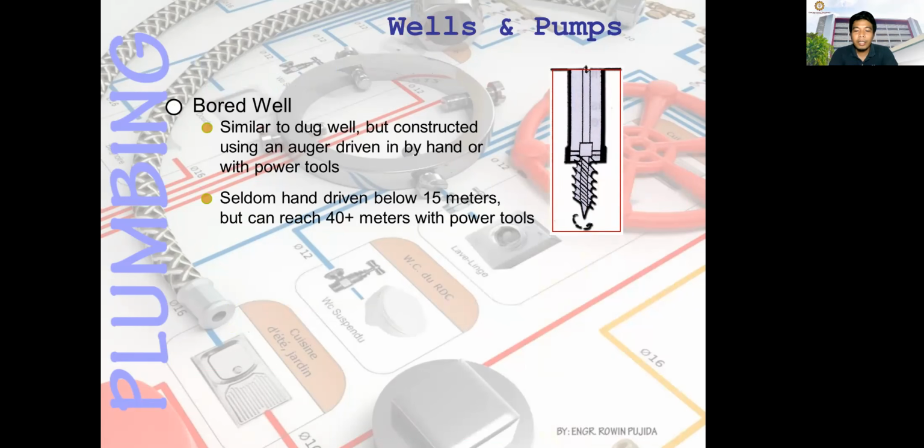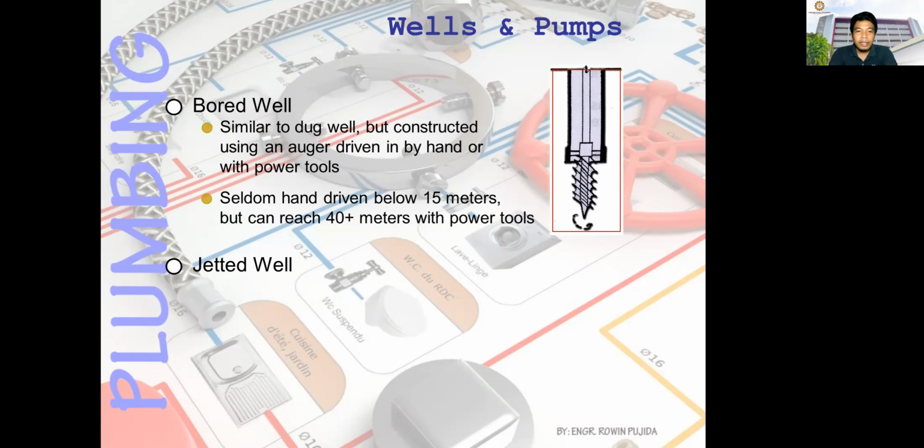So sometimes that is using mechanical tools, like in the construction of the tunnel in Mambaling, you have the bored piling. So they bore or they excavate the area using a mechanical auger. Then seldom hand-driven below 15 meters, but can reach 40 plus meters with power tools.